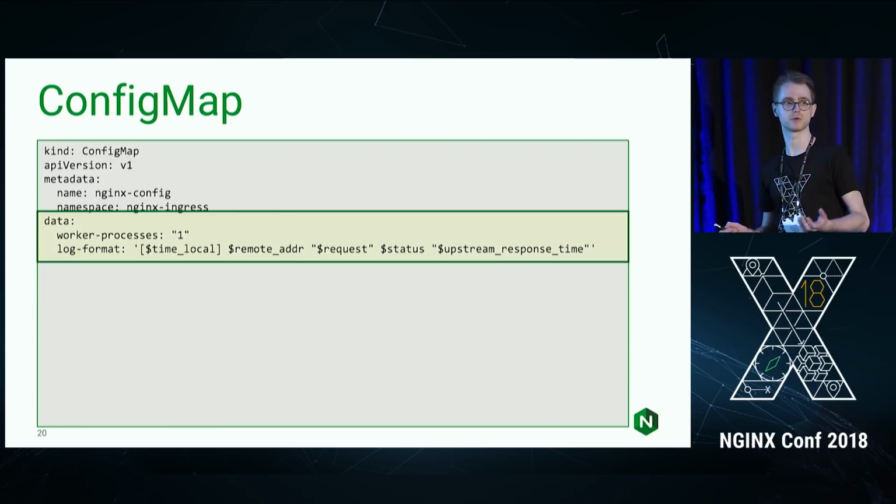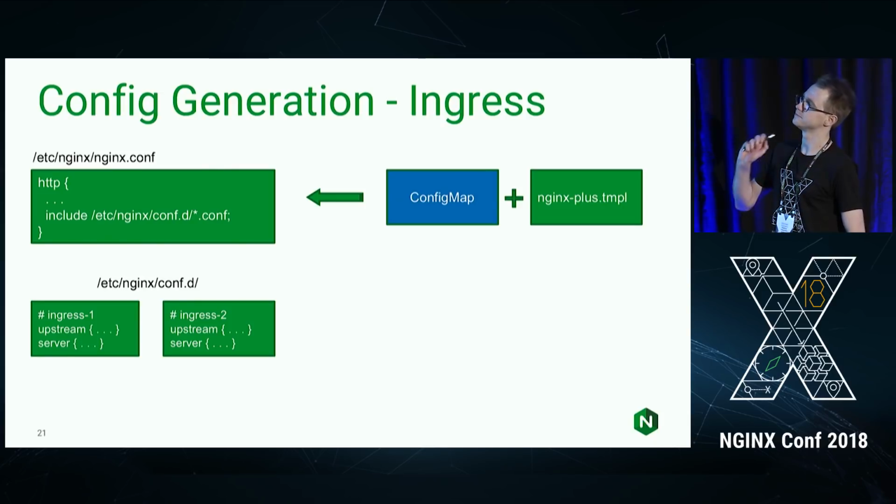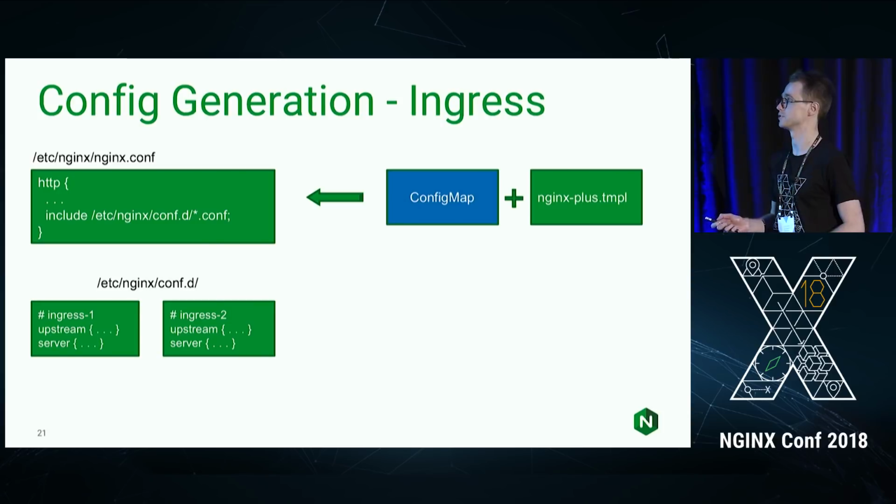Of course, the Ingress controller understands additional ConfigMap keys, such as SSL ciphers, connection timeouts, and so on. So the first thing to do is to customize the nginx.conf file, which you would typically want to do, at least to change the log format, for example, you will use the ConfigMap resource.